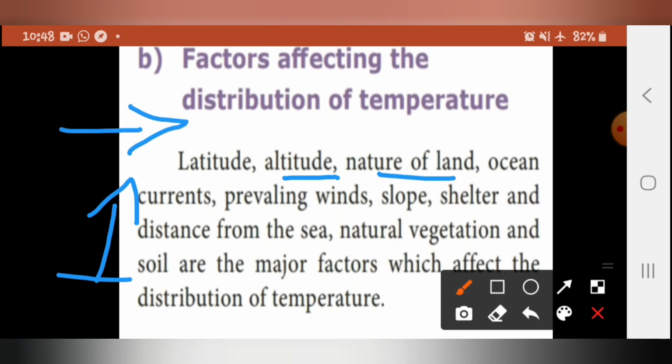Nature of land, we have different kinds of land. Ocean current: what is ocean current? It is a continuous, directed movement of sea water, generated by a number of forces acting upon the water, including wind.